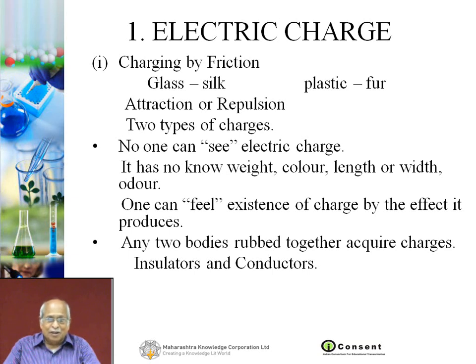But then it is possible. You can have a copper rod supported with some insulating handle, and then if it is rubbed with silk or some other material, it will acquire charge. Charge will be present. Charge can be observed on the copper rod or on any other material.